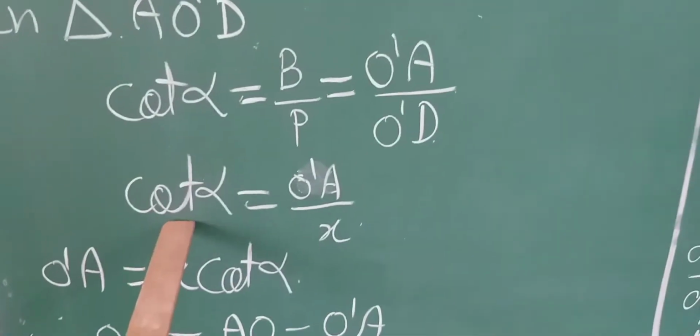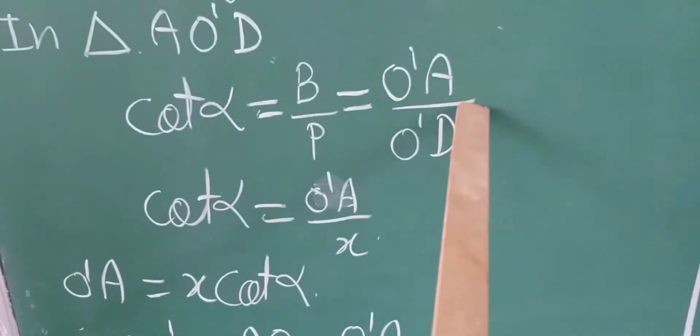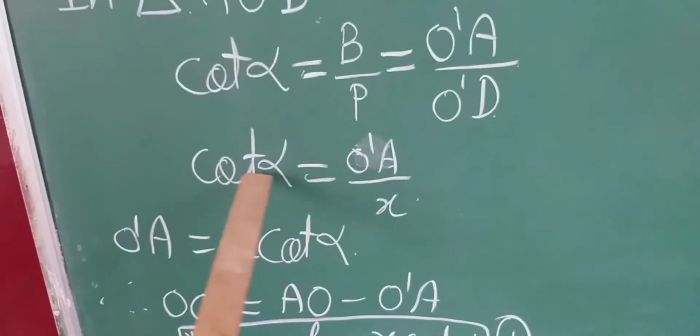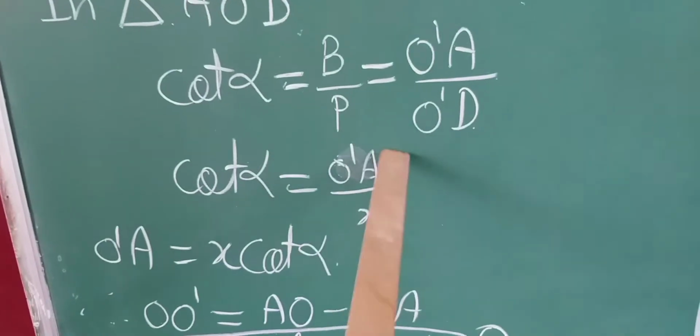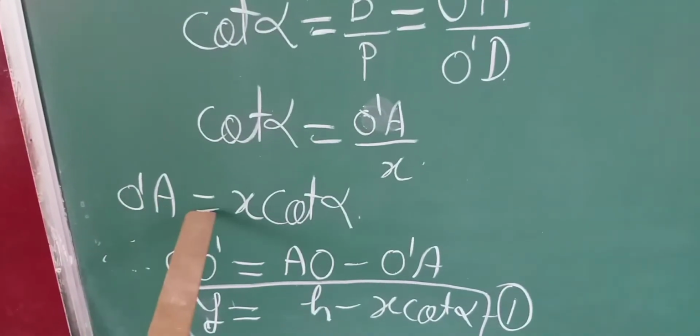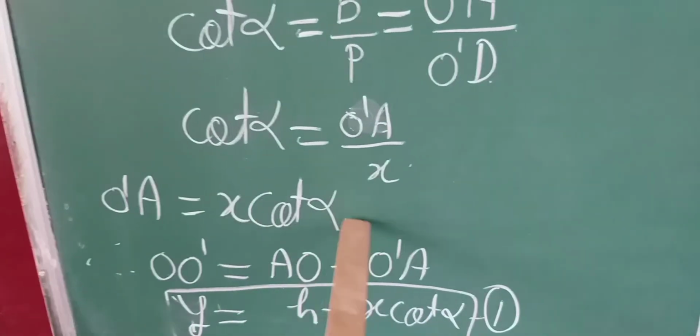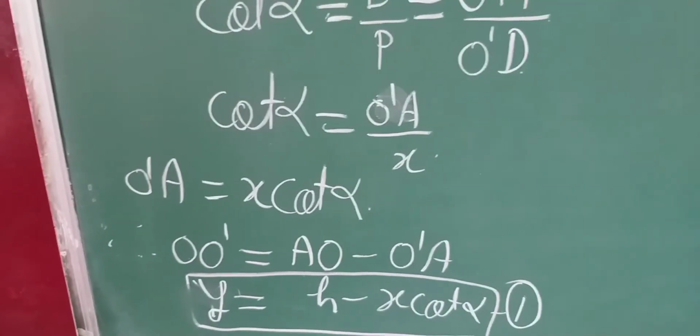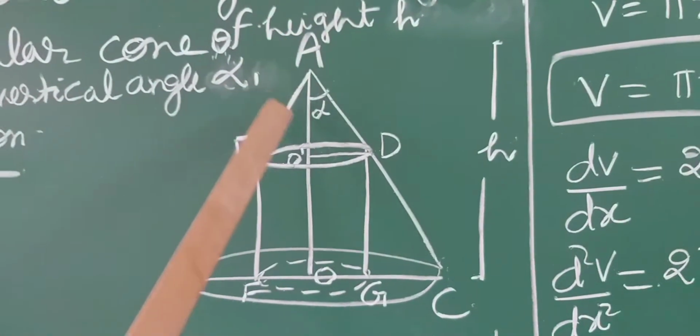So cot alpha equals O'A upon O'D, cot alpha equals O'A upon x. So O'A equals x cot alpha. O'A we have got.